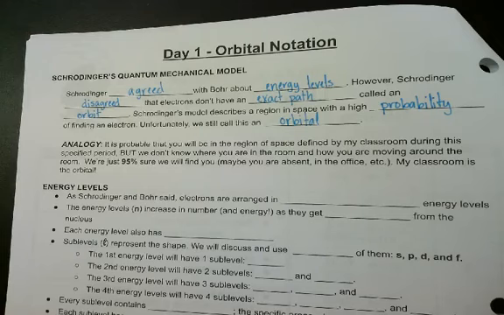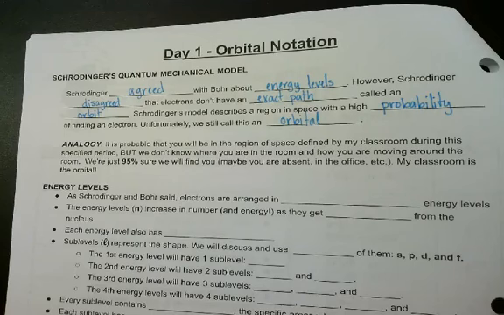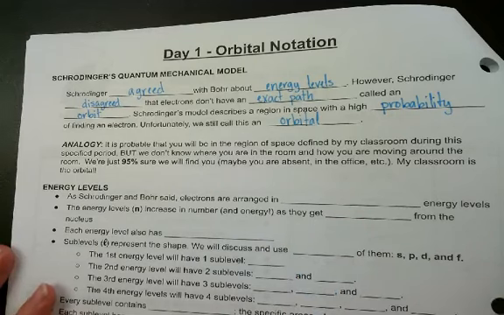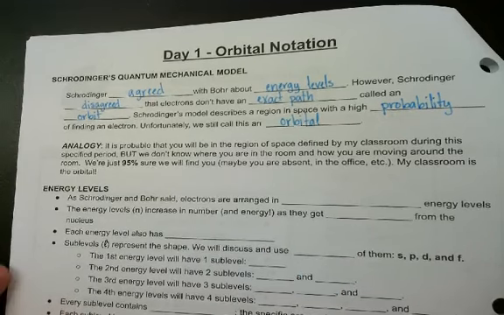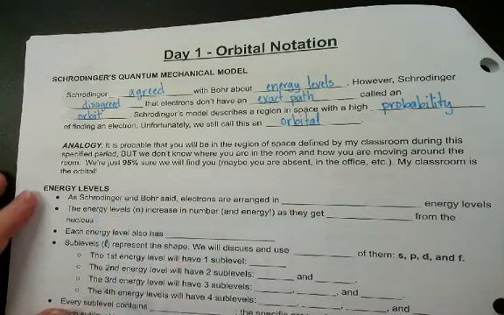They're not going to know what desk you're sitting in or if you're moving around the classroom or not. But they only have like a 95% chance, they're only 95% sure that you're going to be in my classroom, because you might be absent, you might be in the bathroom, something like that. So my classroom is that orbital. The probability that you're going to be in my classroom at this specific time is like an electron belonging to an orbital.